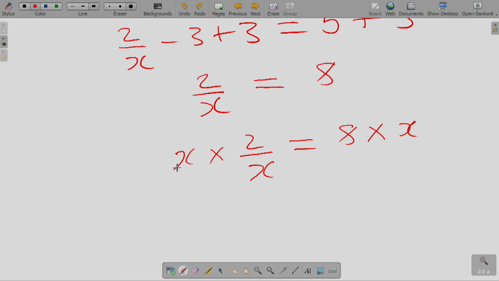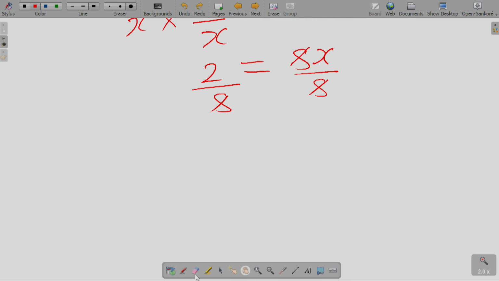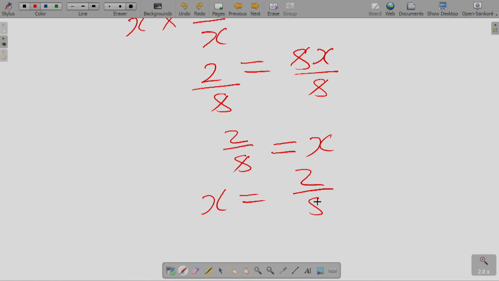So this x and this x will cancel out, so it will remain only 2 equal to 8x. But we need to find x, so let's divide both sides by 8. So we'll get x equal to 2 over 8, which is equal to 1 over 4.